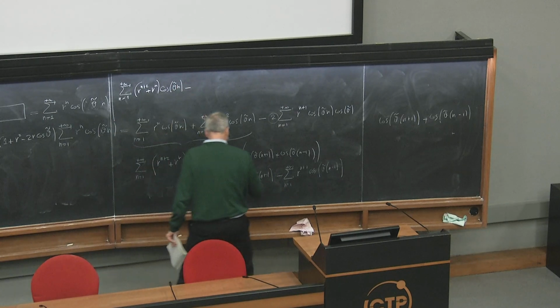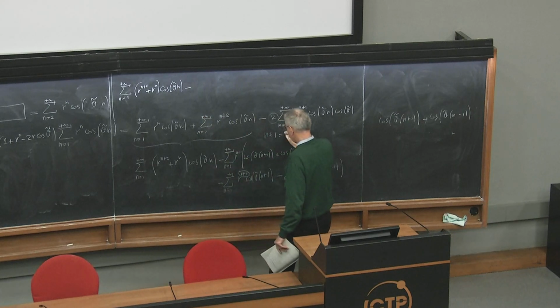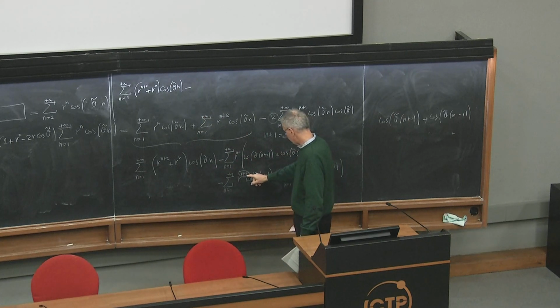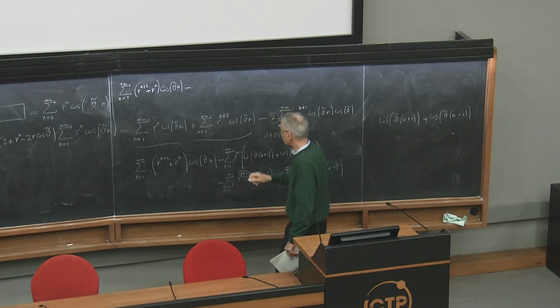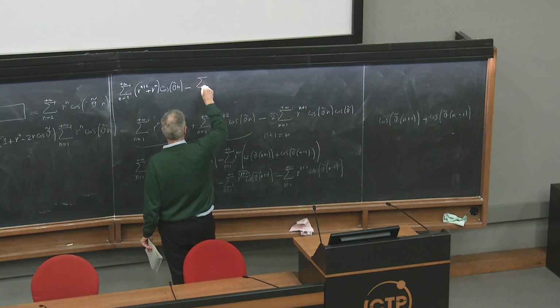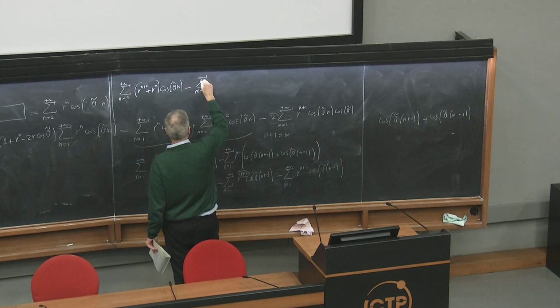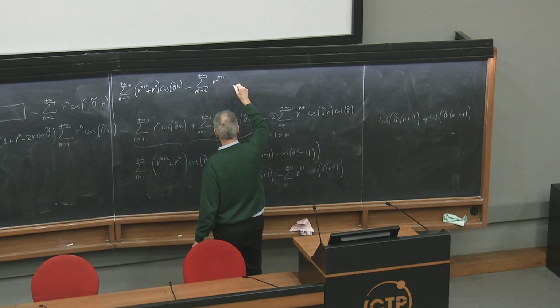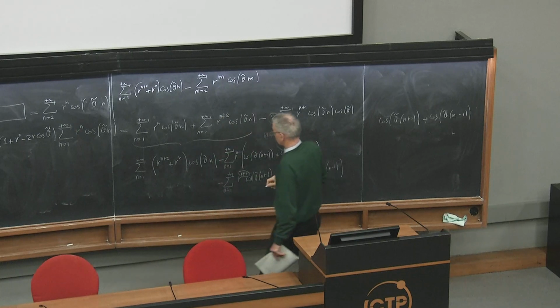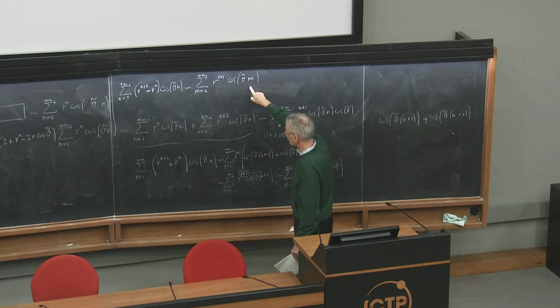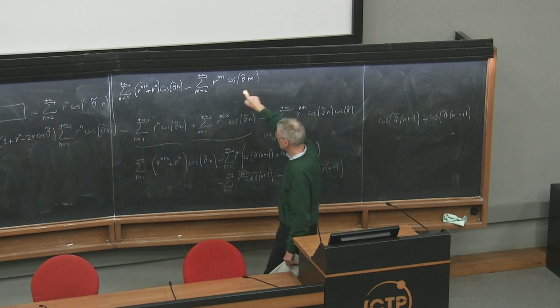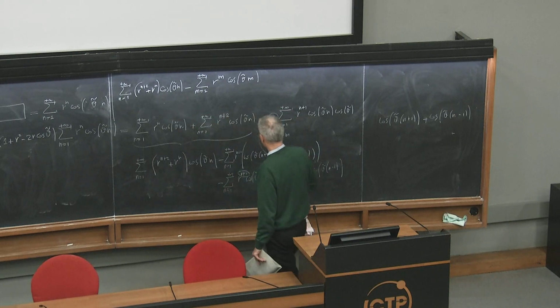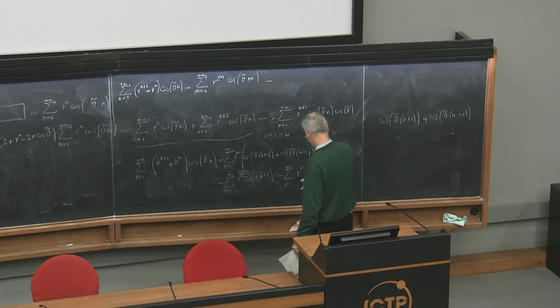Minus, now if I call n plus 1 equal m, then m runs from 2 to plus infinity of r to the m cos theta tilde m, which should cancel almost all terms of this sum here. Minus.